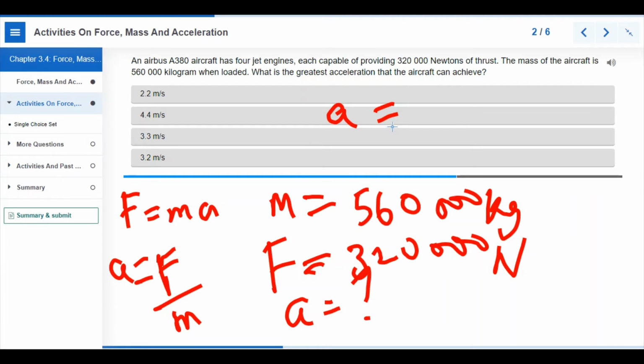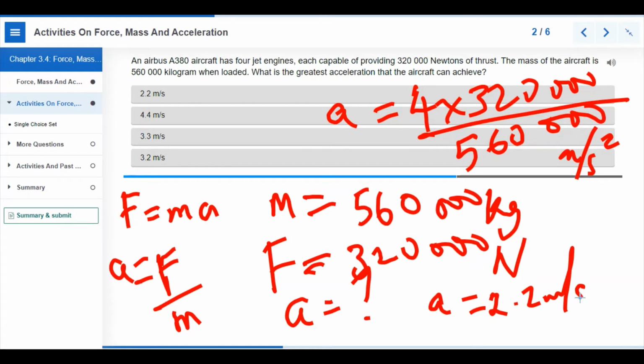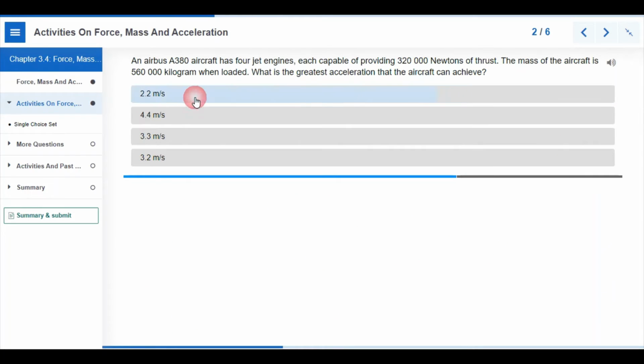The 320,000 is only meant for one engine. So making 4 engines gives 4 times 320,000 divided by 560,000. And you know that acceleration is measured in what? Meter per second squared. That gives us acceleration 2.2 meters per second squared. So do we have that as an option? Yes, correct. That's good.